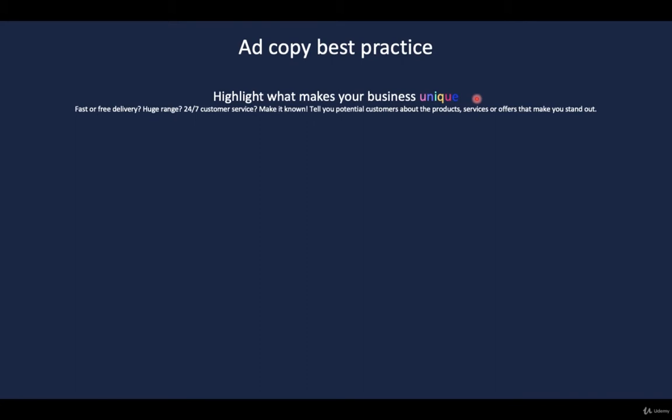Is it that you have great customer service? Is it fast delivery or free delivery? There are loads of different things you could potentially say here, and it all depends on your specific business. So really get to know what customers like about you, your products, your services, and tell that potential customer about it in your ads. Make it known to them and make yourself stand out.